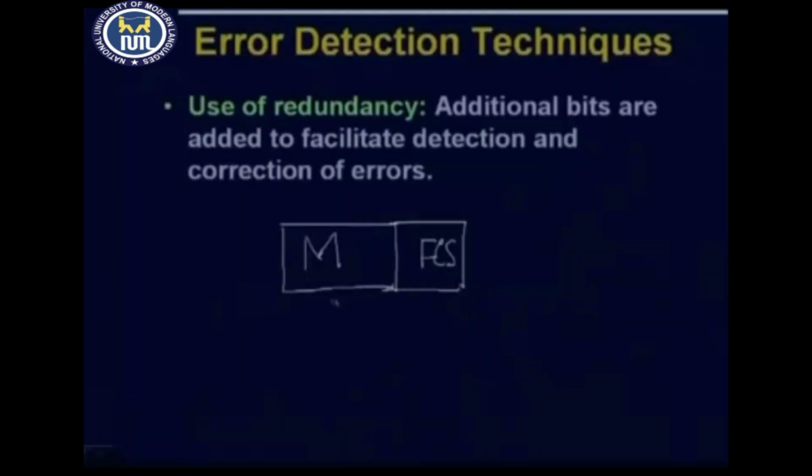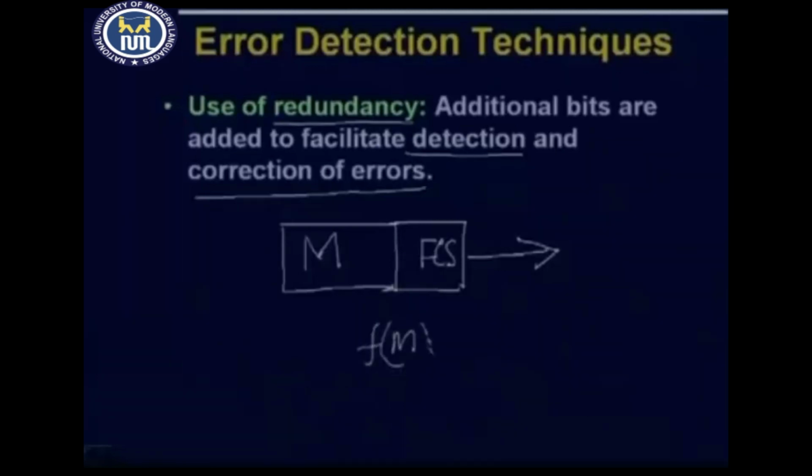So this thing is added, and then we send the transmission. This is the frame check sequence, and we call it redundancy, and this becomes a part of the message which is being sent. These additional bits can be used for detection, and we can also correct the errors. There are certain mechanisms we'll discuss later.